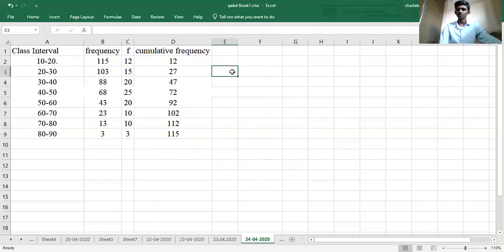Now what is the formula for calculating median?